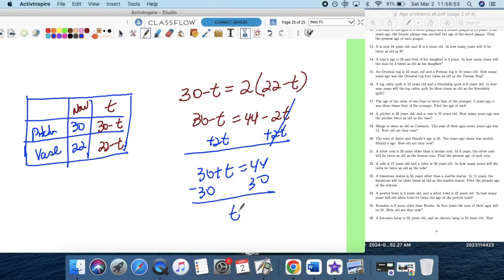And we're left with t equals 14. So 14 years ago, the pitcher was twice as old as the vase. Let's see if that's true. Well, 30 minus 14 makes that 16. And 22 minus 14 makes it 8. Look. So 14 years ago, yeah, the pitcher was twice as old as the vase. Wow.